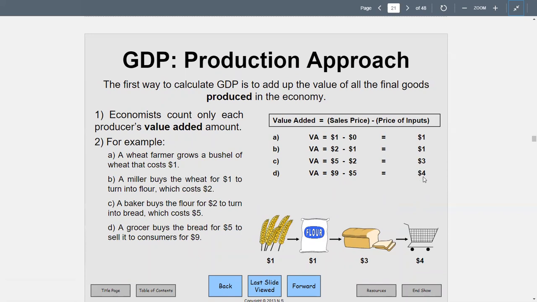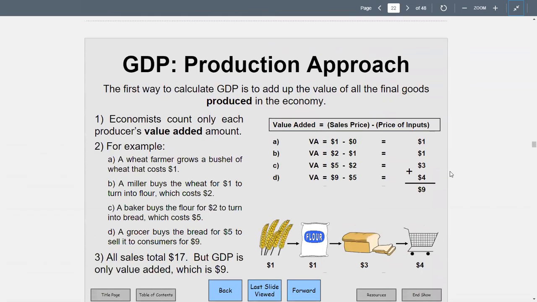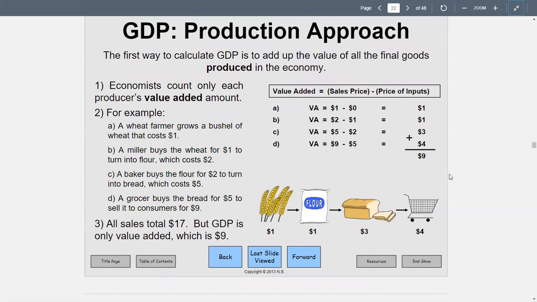So his profit, or his value added, is $4. All sales total $17, but the GDP is only the value added, which is $9. So this would be the total sales, but the value added is only $9.